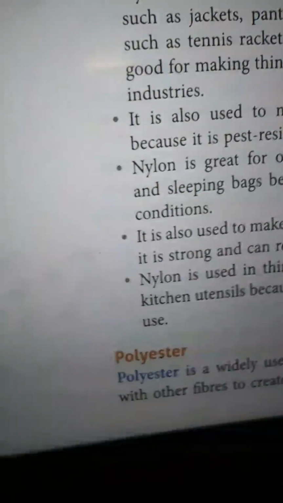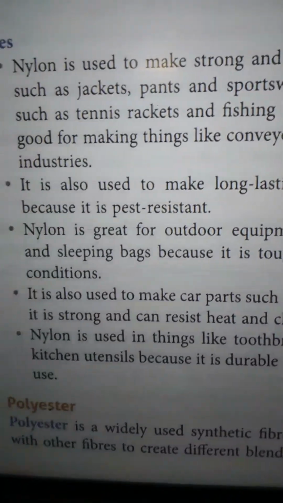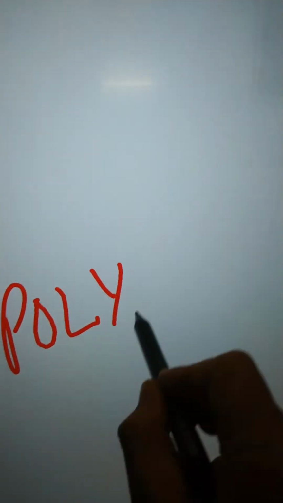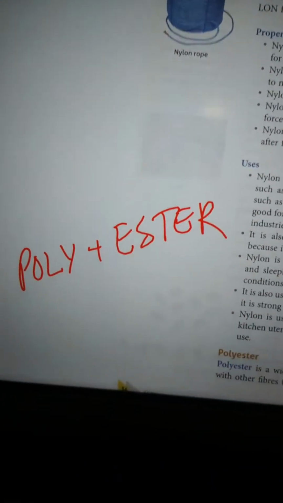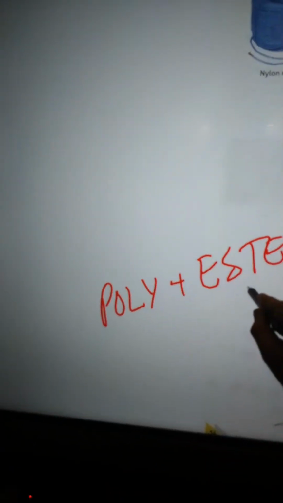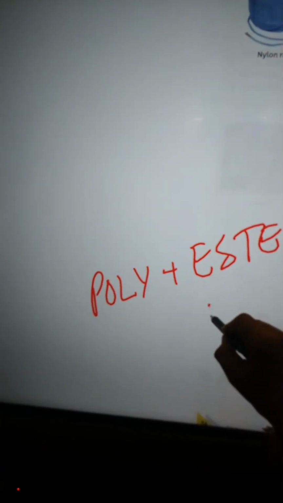Next synthetic material is polyester. Polyester is a word which is made up of two words, poly and ester. This is a molecule.